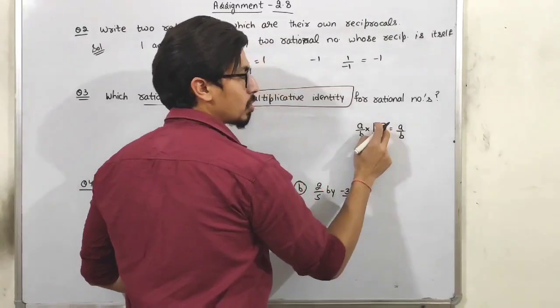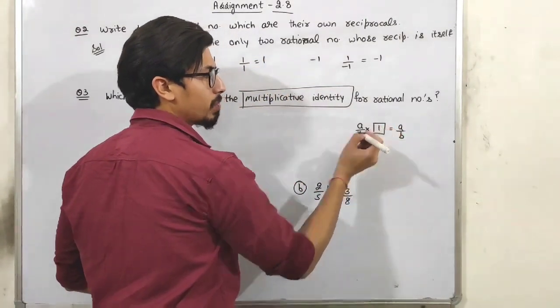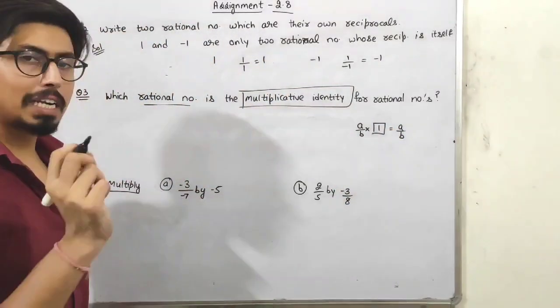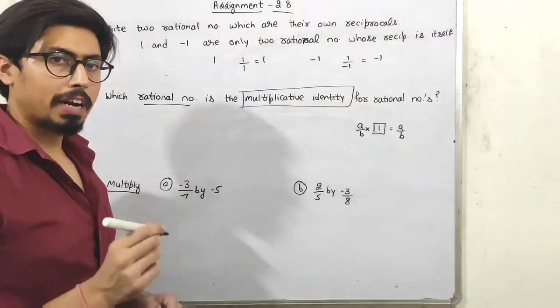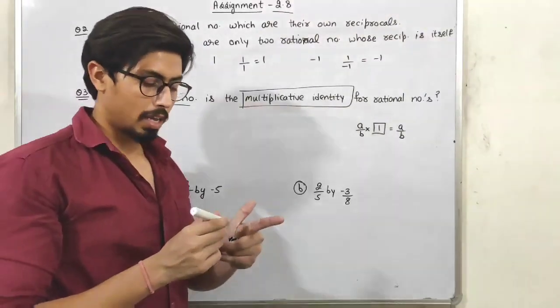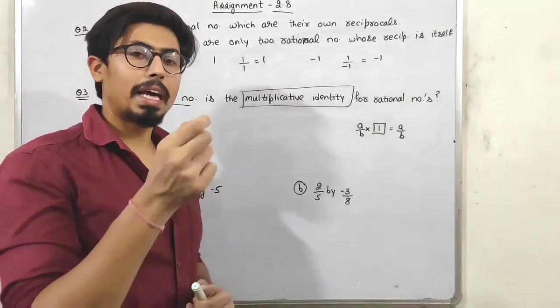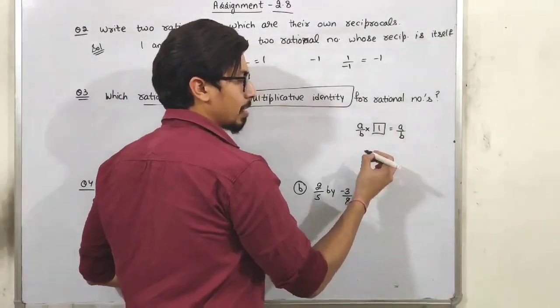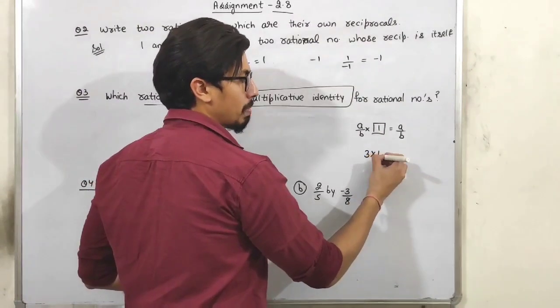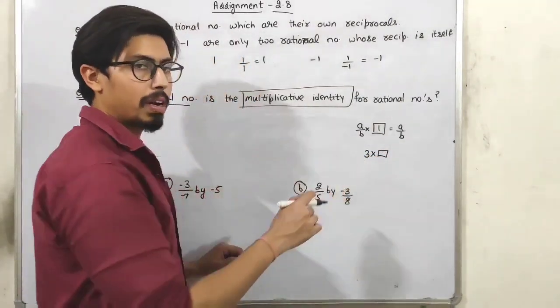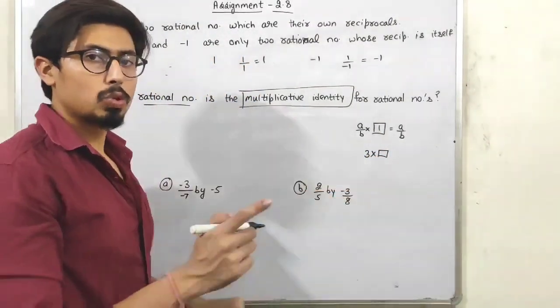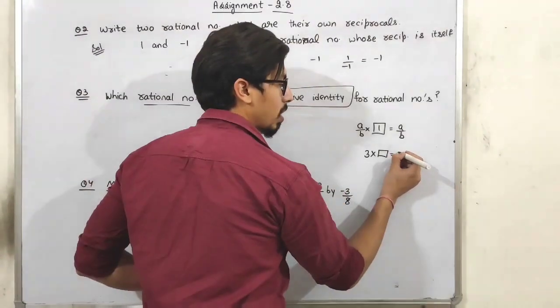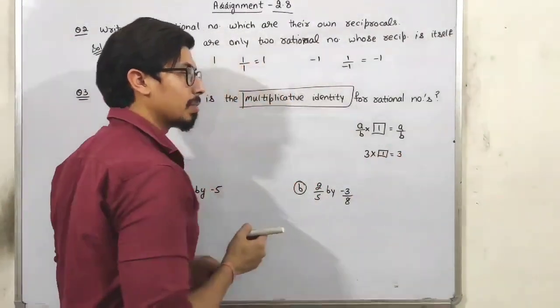The only number is 1. This one is called the multiplicative identity. The multiplicative identity is that number which we multiply by any number and get the same number. For example, if we take the number 3, by which number do we multiply this 3 so that the answer is 3? So it is only 1.